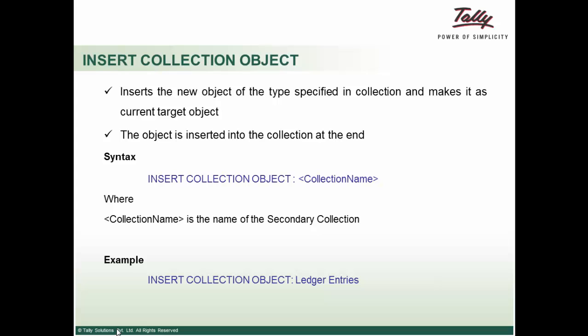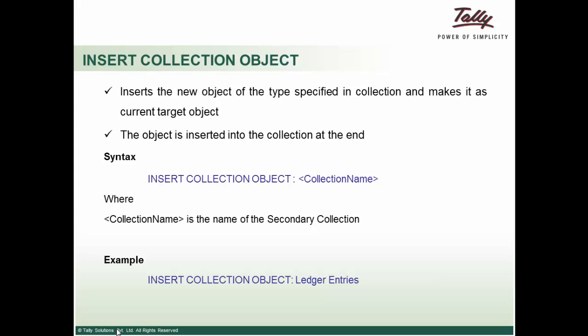Insert Collection Object allows us to insert a new object in the specified type of collection and makes it the target object. This is specifically required when we talk about the sub collections that we have in a particular object.